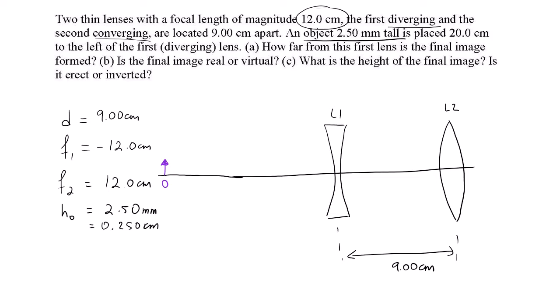Then let's read the question. First question: how far from this first lens is the final image formed? So we want to find out the distance of the final image. For part B, is the final image real or virtual?